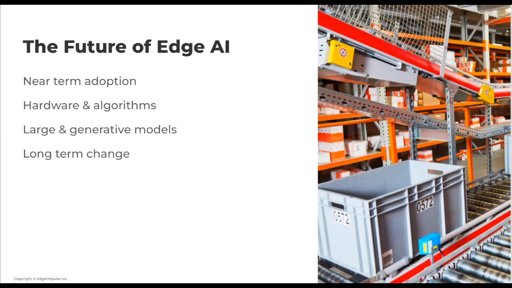So we're starting to see people creating algorithms that are specifically designed to run efficiently on embedded devices. At Edge Impulse, we came up with this architecture called FOMO, which basically allows you to do a sort of simplified object detection on very constrained devices very fast. So we're going to see more and more of that.